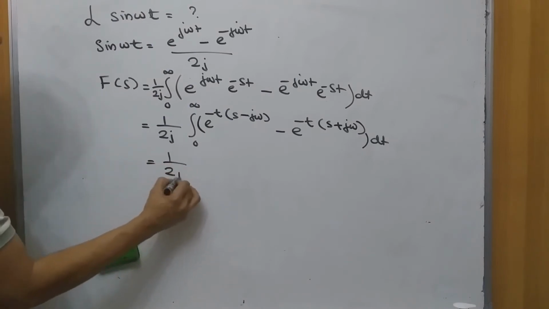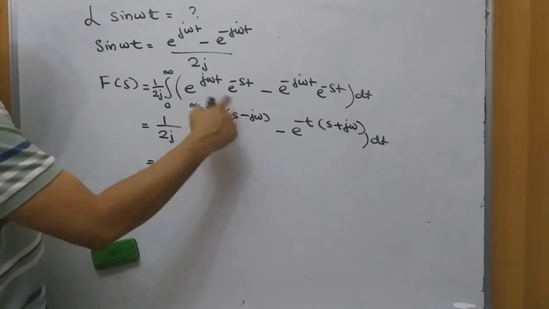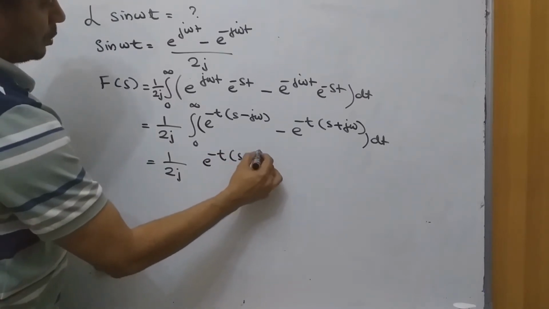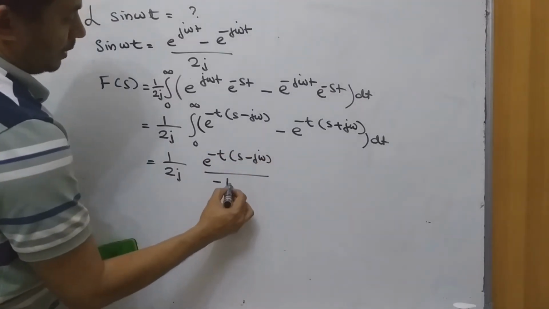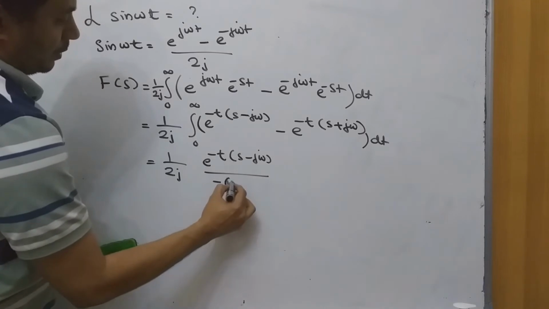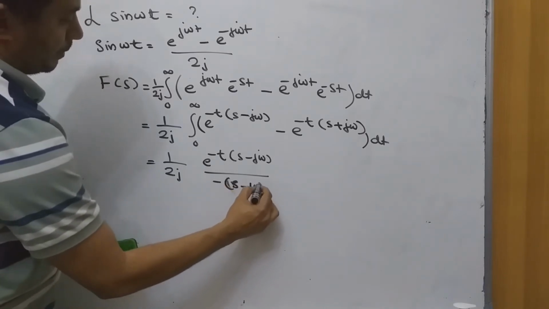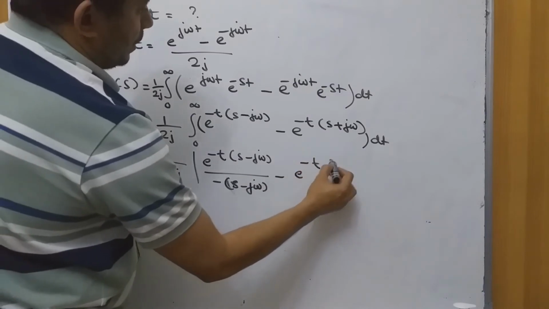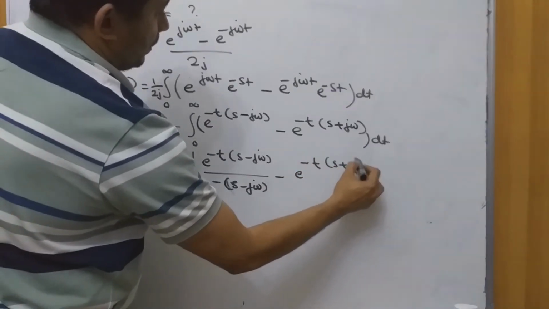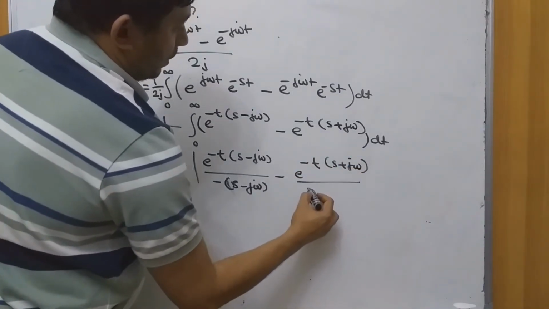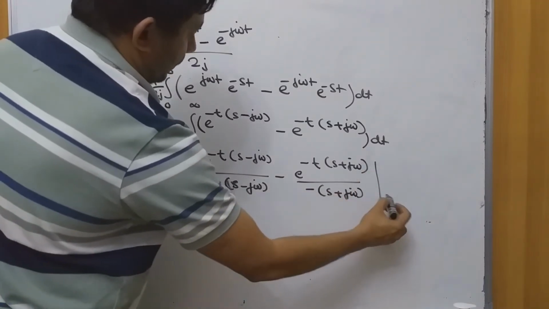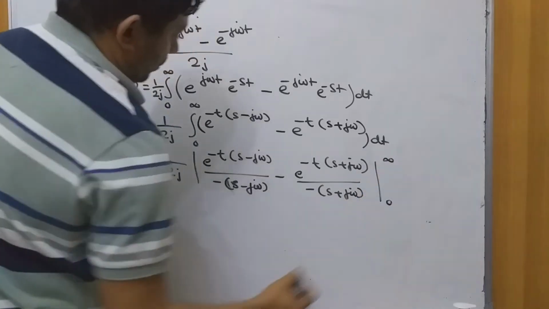So 1 by 2j. If you integrate this term, we'll get e raised to minus t, s minus j omega divided by minus of s minus j omega, minus e raised to minus t, s plus j omega whole divided by minus of s plus j omega within limit 0 to infinity.